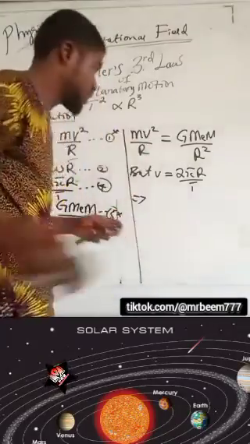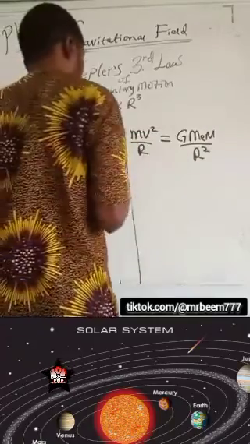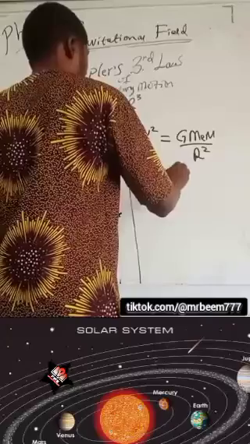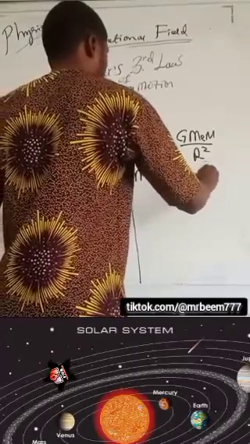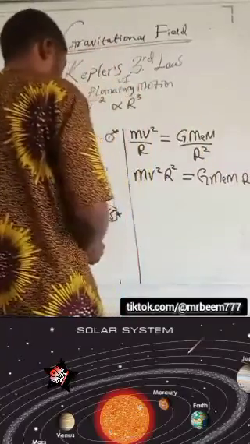I want to simplify it further. Let's move down. If we cross multiply, we have m v squared r squared is equal to G M E m r.